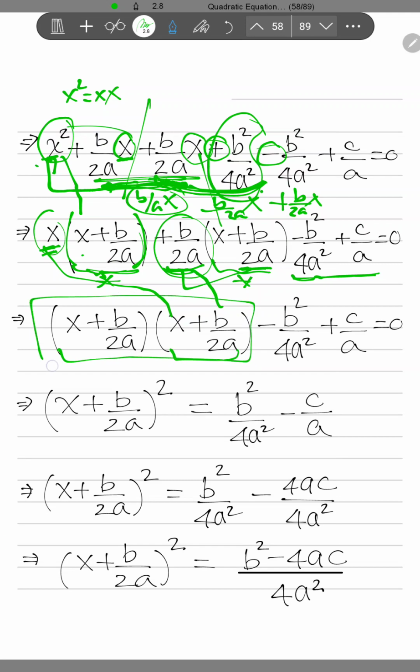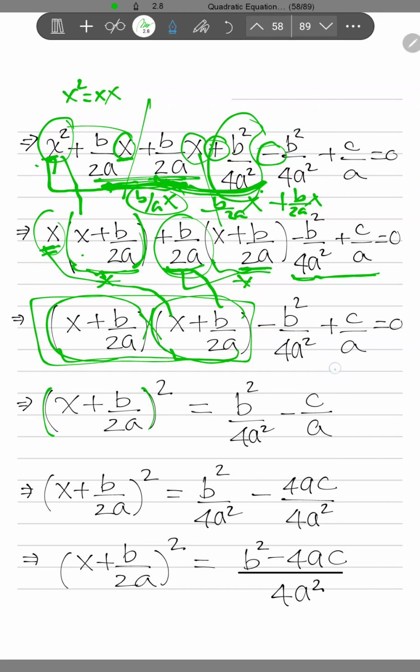This is a reverse process of distribution. We have discussed this in part 2. Now we have two same terms, x plus b over 2a and x plus b over 2a, which give us x plus b over 2a, the whole squared.